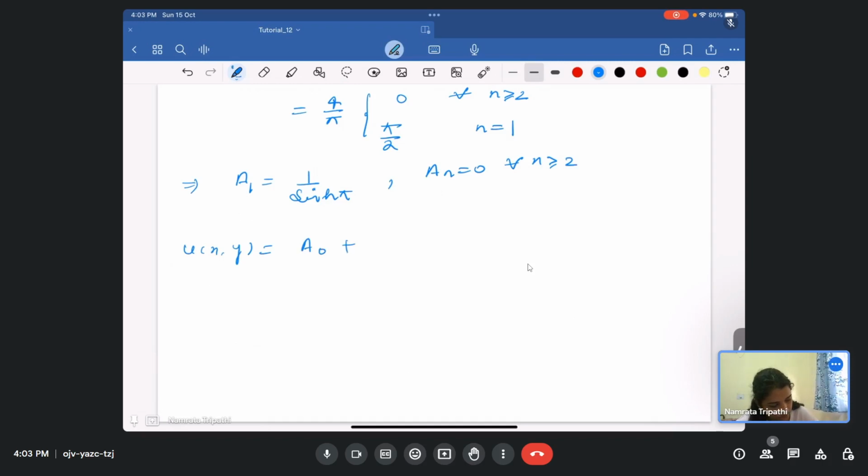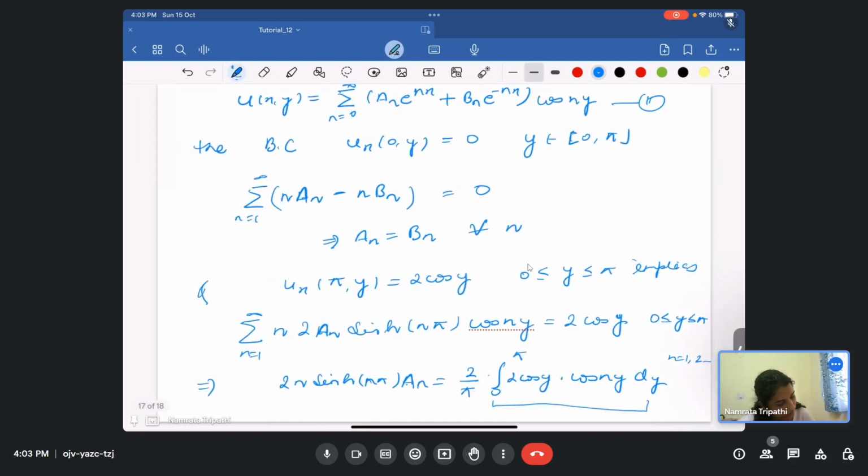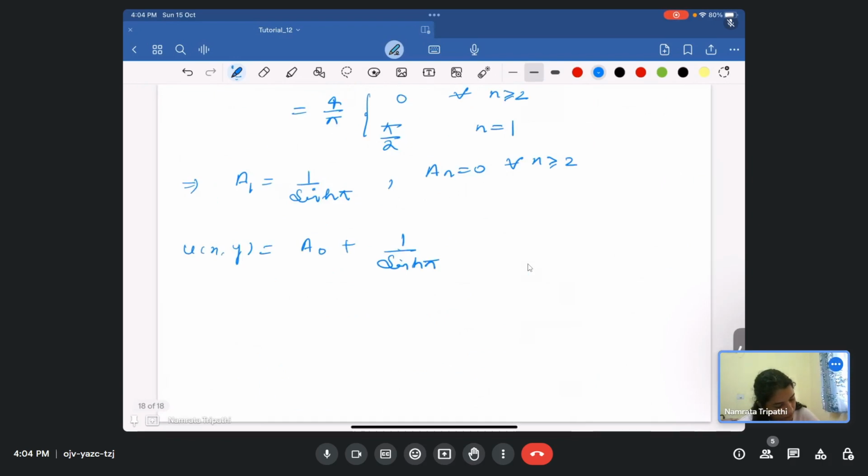A_0 plus a_1, which is 1 upon sinh pi, and for n equal to 1, if you put here, you will get cosh x into cos y, where A_0 is an arbitrary constant.